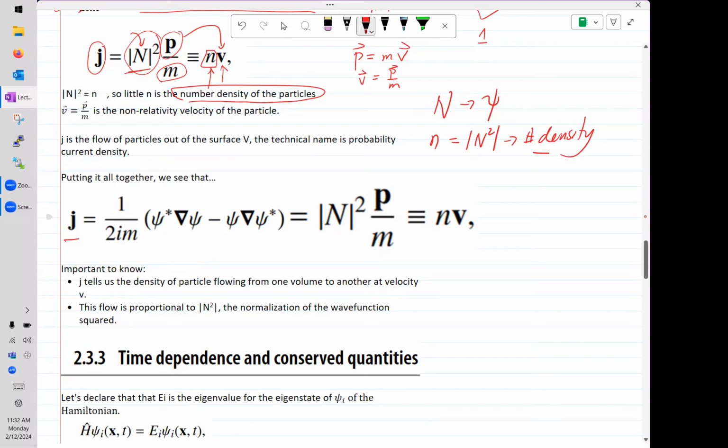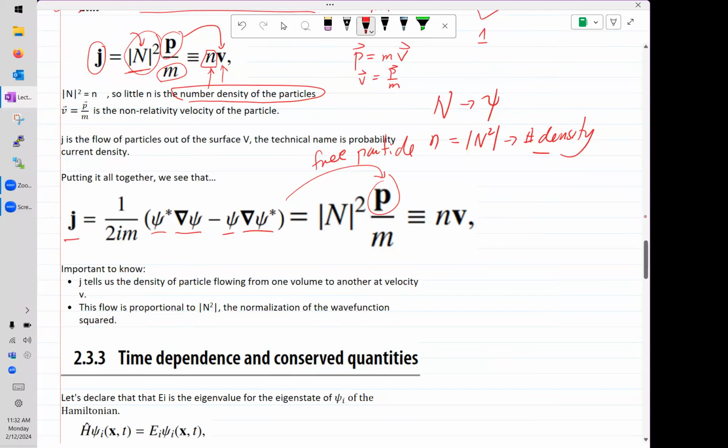It can be calculated by taking psi star grad psi minus psi times grad of psi star, okay? And that turns it into basically, for a free particle, meaning there's no potential term, just the momentum.